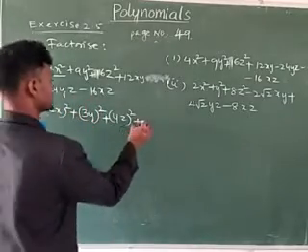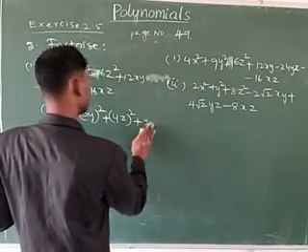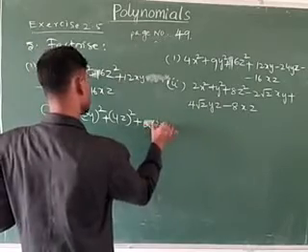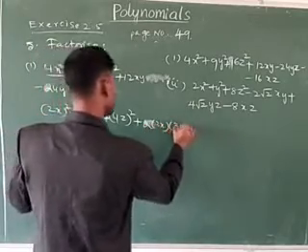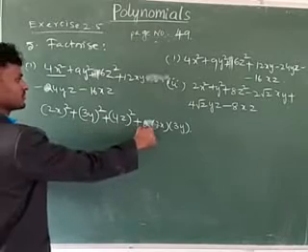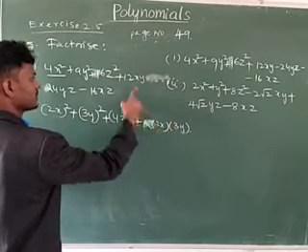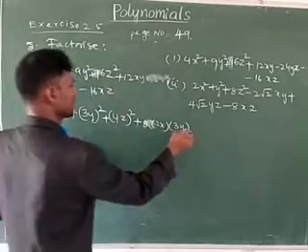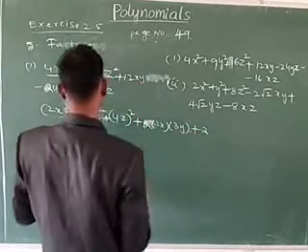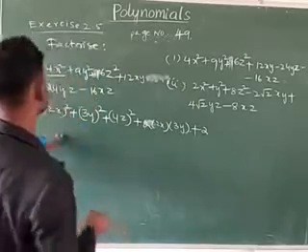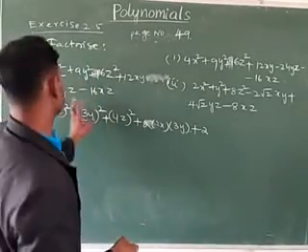That's why, for 2ab, 2 into a, where a is equal to 2x and b is equal to 3y, you have to write here 2 into 2 is 4, 4 threes are 12xy. Next, plus 2bc.